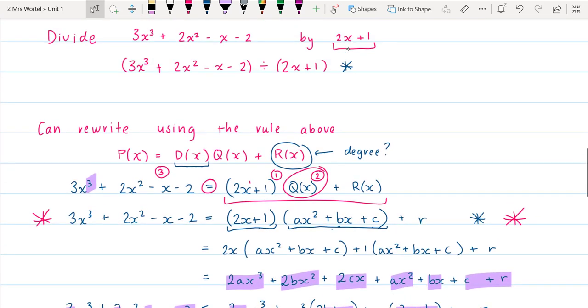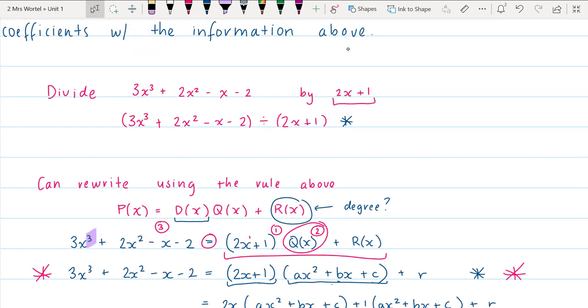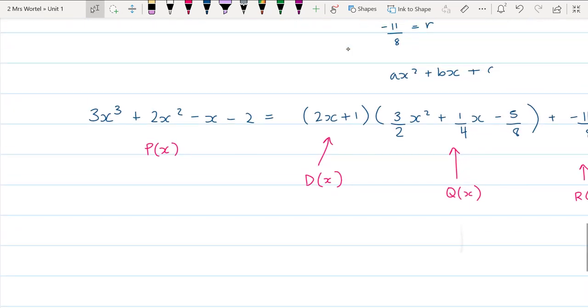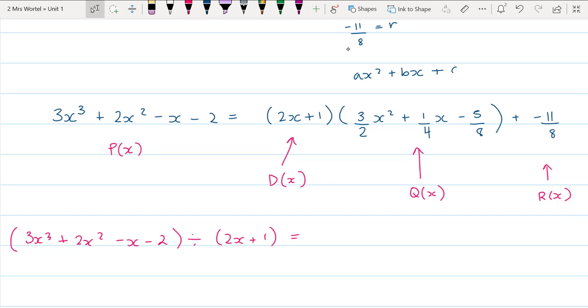Therefore, to answer this question, 3x cubed plus 2x squared minus x minus 2, divided by my divisor, which was 2x plus 1, is equal to a quotient with remainder negative 11 on 8.